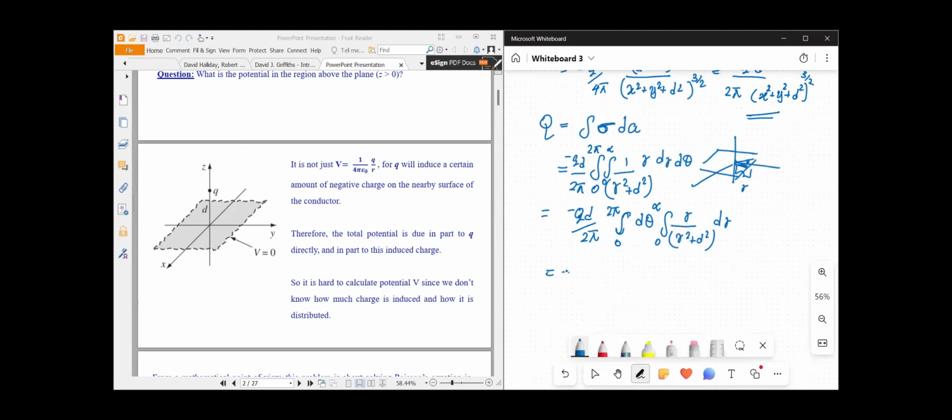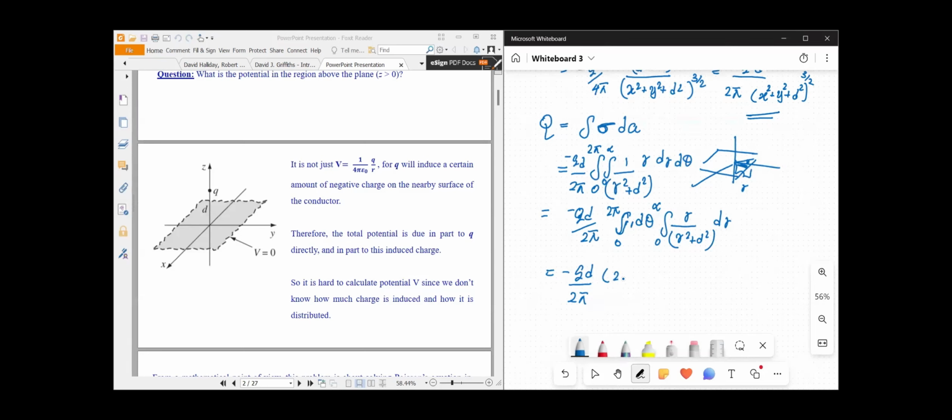So it is equal to minus qd over 2 pi. Here the theta integrand is 1, and when we integrate 1, we get theta, with limits from 0 to 2 pi.